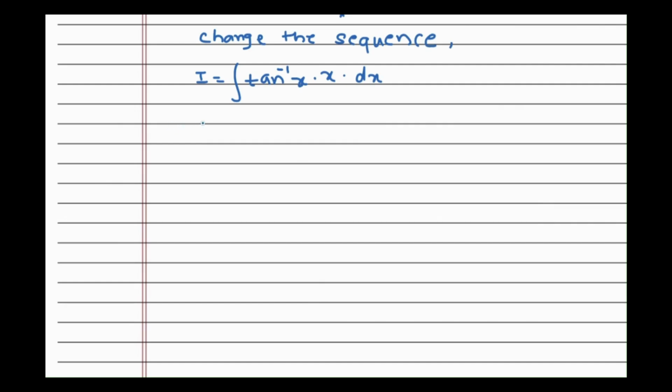Now let us use the integration by parts rule. Let me write the rule here for your convenience. Integral of u into v dx is equal to u into integration of v dx, minus the integration of the product of the integral of v dx and the derivative of u, where u is the first function. Let us apply this rule to the given situation.